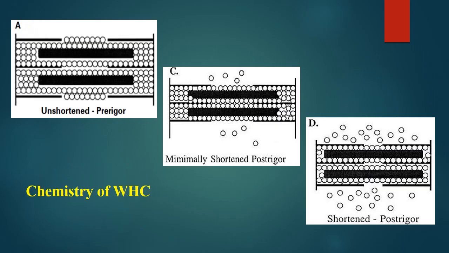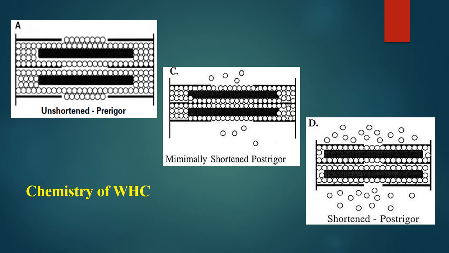Here we can see the stages of rigor mortis and their effect on the water holding capacity. There are three figures: A, C and D. In A we can see there is no shortening, that is 100% pre-rigor, so the water holding capacity is very high. In the next one there is minimum shortening after post-rigor, and there is still a very good water holding capacity.